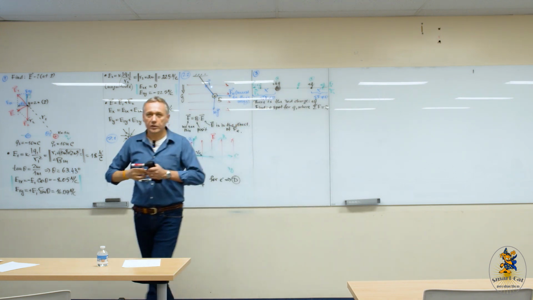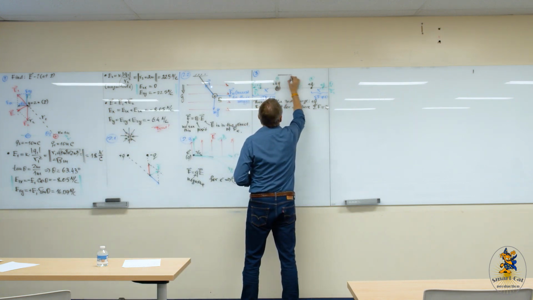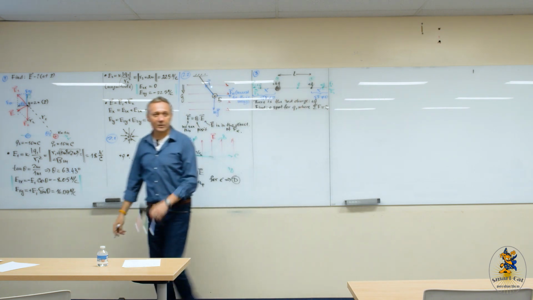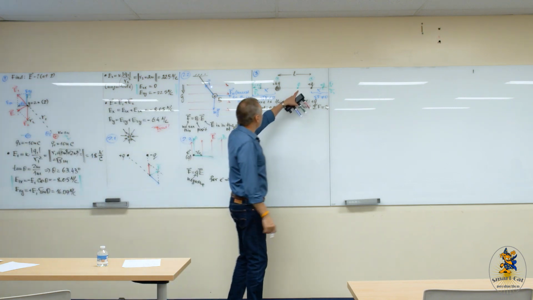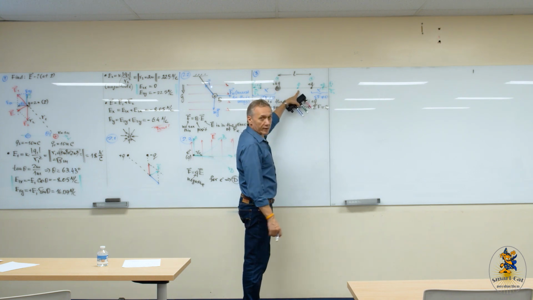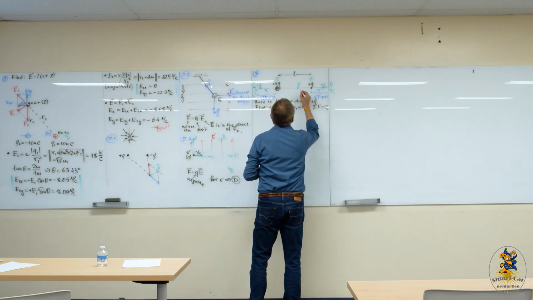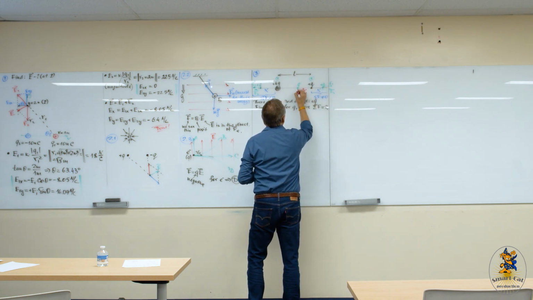Another piece of information is given. I forgot: the distance between these two point charges is given, L. Just now I realized that something was missing. So that L is given, and now let's start thinking. This charge is going to repel that one, so the force on that one goes that way. This will be force F1, and this charge will repel that one with F2.